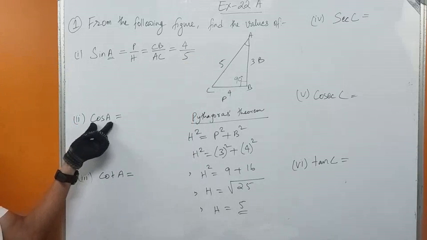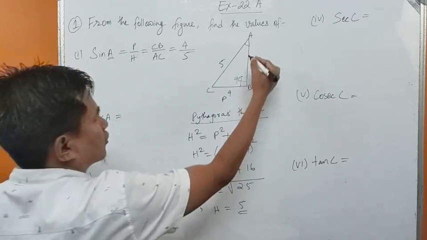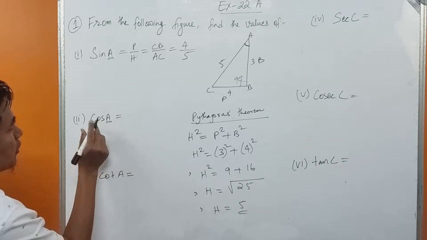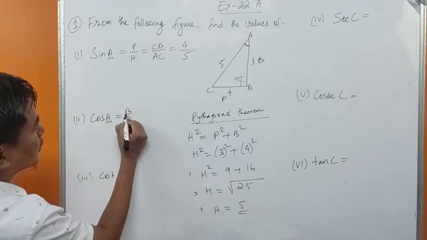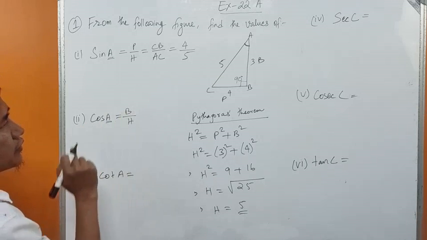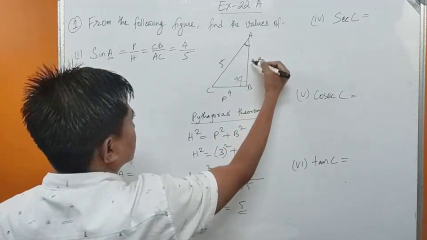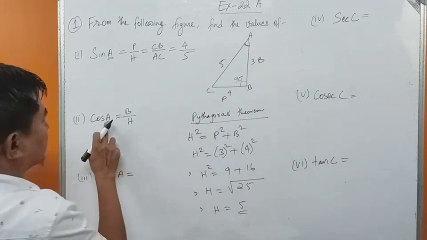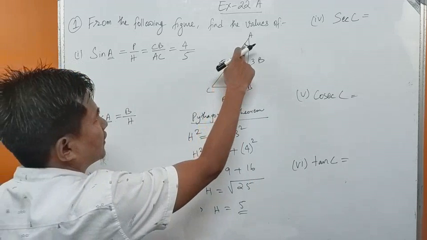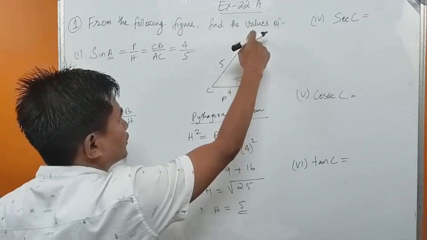So let us find cos A. We are talking about this angle again, angle A. Cos theta means base upon hypotenuse. What is base? Base is AB, because we are talking about angle A, and the side containing angle A should be base.